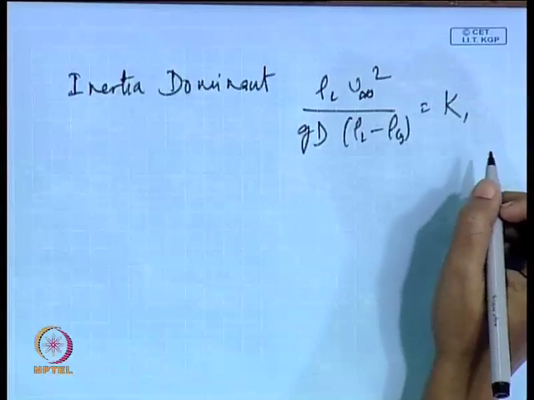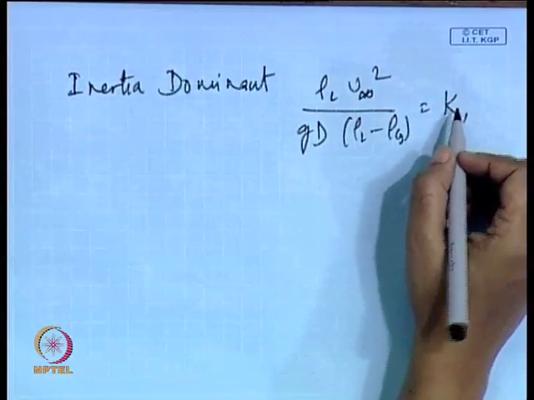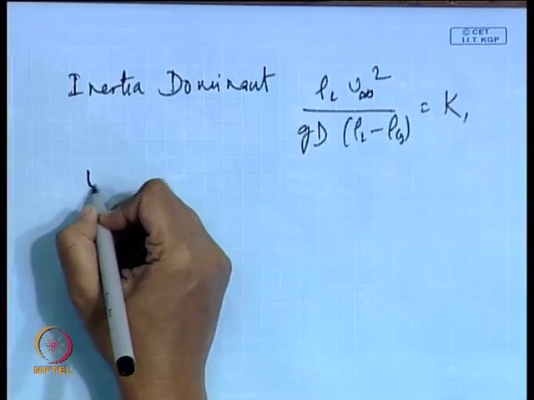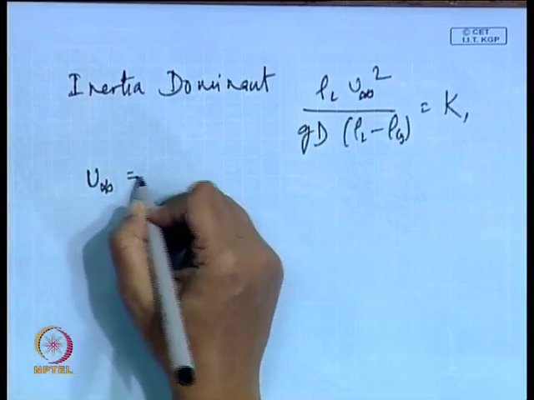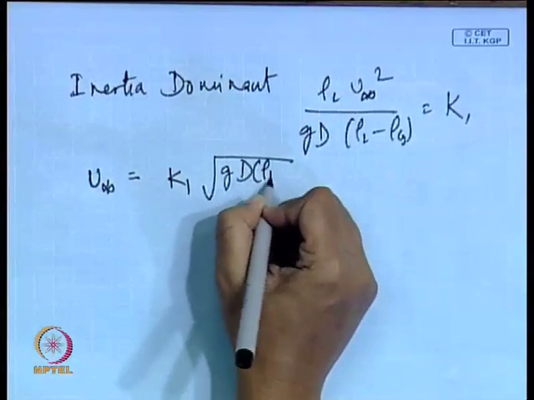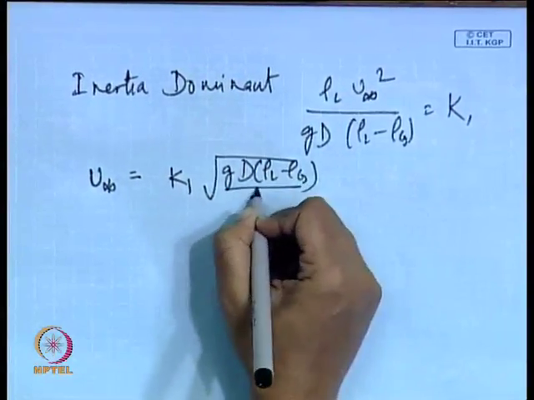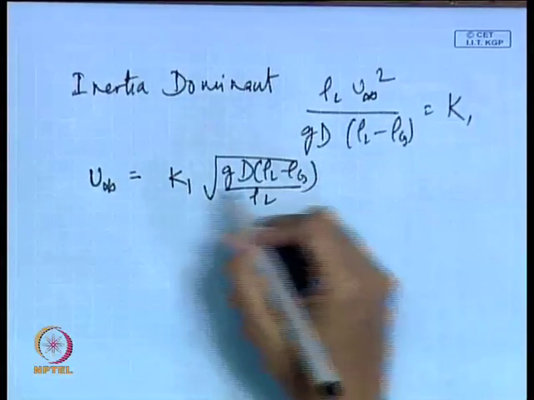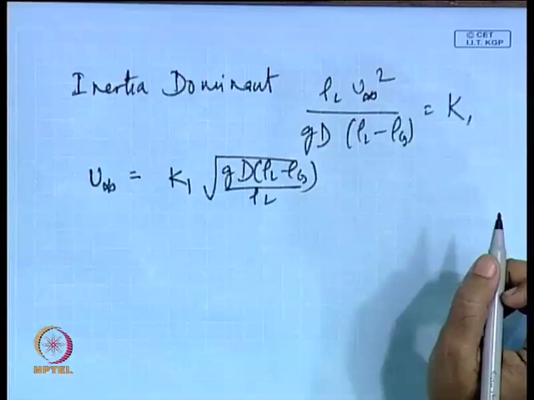Okay. So u infinity can be obtained as K1 root g d times rho L minus rho g by rho L, and usually for gas-liquid systems these two cancel out, so it is just K1 root g d.